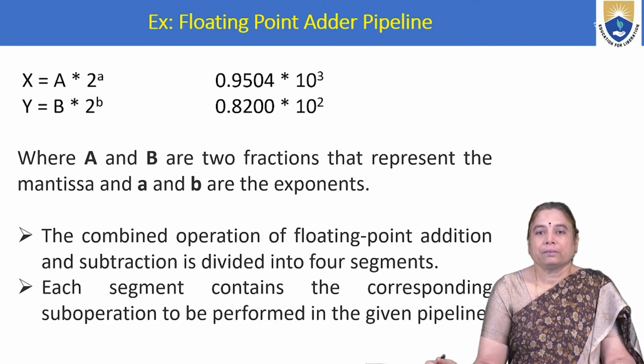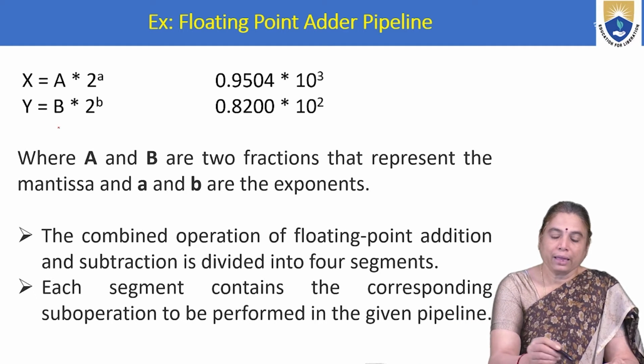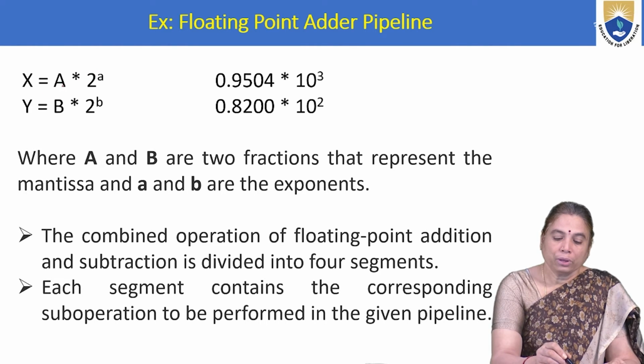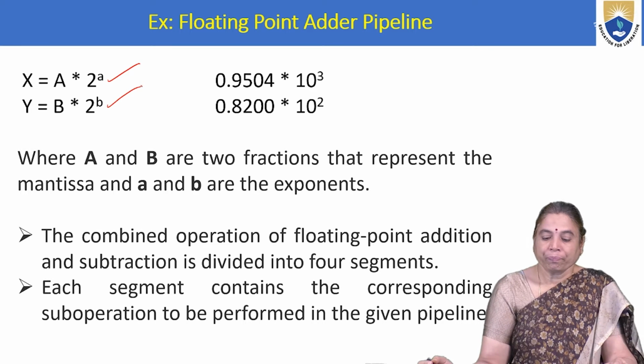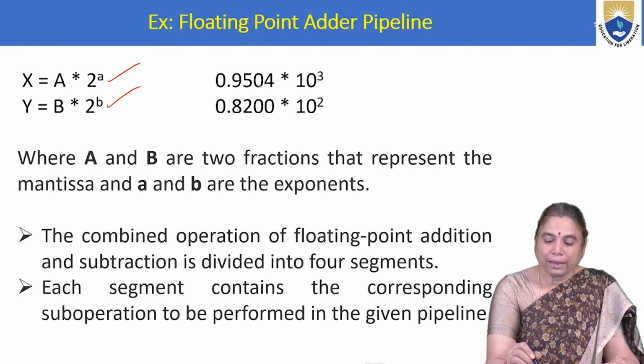We can discuss arithmetic pipelining with an example. Consider two numbers x and y, where x has the value A into 2 power a, and y has the value B into 2 power b. For this example, the numbers considered are 0.9504 into 10 cube and 0.8200 into 10 square.